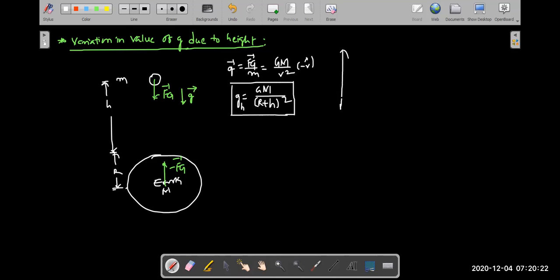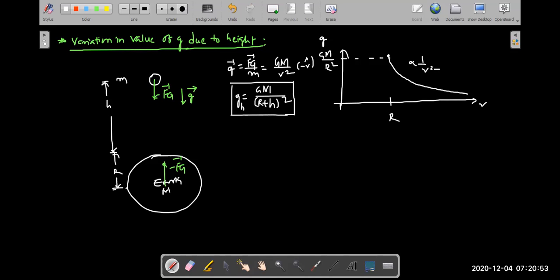If you want to talk about the variation of g from the radius r, till capital R it will be GM by R square. But after that it is R plus h, inversely proportional to r square, so it is going to decrease hyperbolically. This is the true variation.